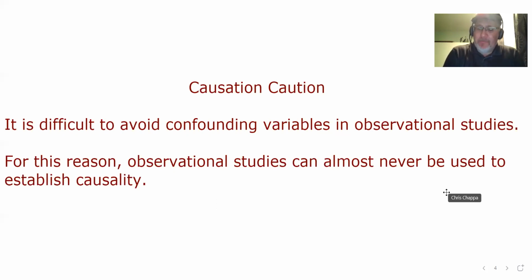Let me repeat that. Observing can't be used to conclude causality because you're not controlling any confounding variables that might actually be causing the causality, as opposed to just some association between two variables.